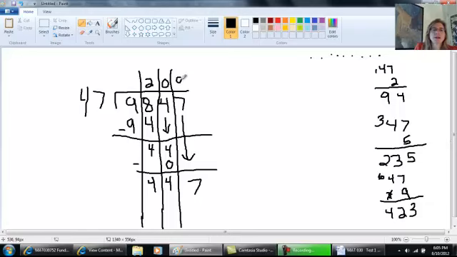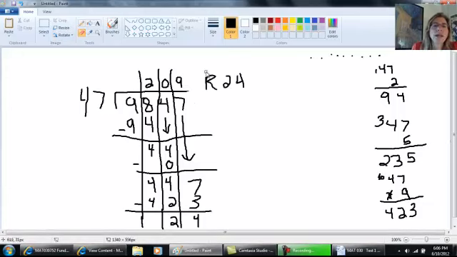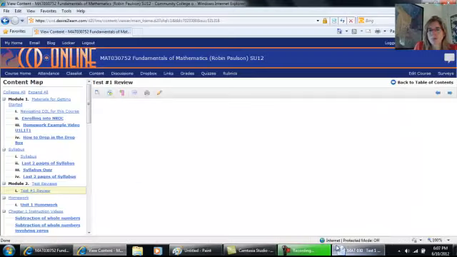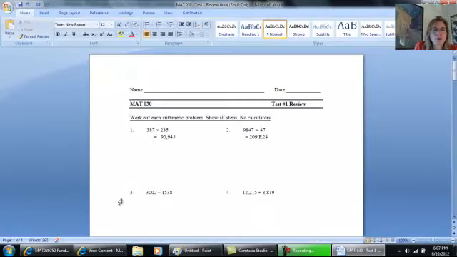So we're going to put a 9 and do what we figured out. I'm going to put our little answer here. 447 minus 423: 7 minus 3 is 4, 4 minus 2 is 2, 4 minus 4 is 0. So we have a remainder. Right now what we have is a quotient of 209, remainder 24. Much like a whiteboard. Okay, we're going to go on to problem 3.